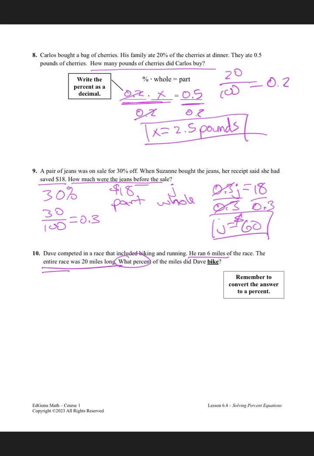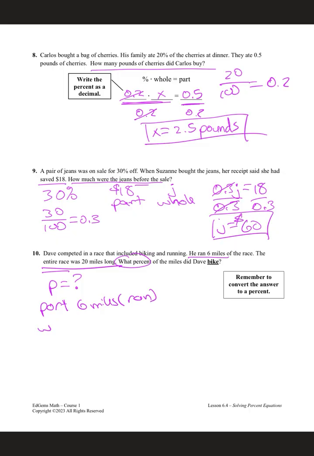So here we go. Let's go ahead and set this up. So my percent, we don't know. So the percent is our unknown. Okay. We know that he ran 6 miles of the race. So if he ran it, is that the part or is that the whole? Well, that would be a part. So the part would be 6 miles that he ran.